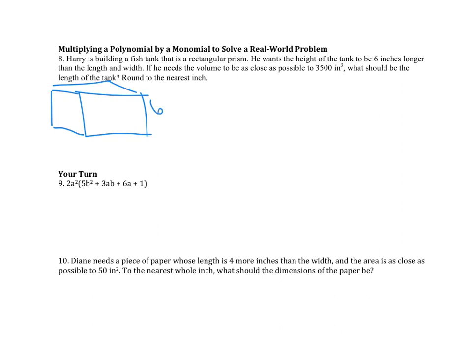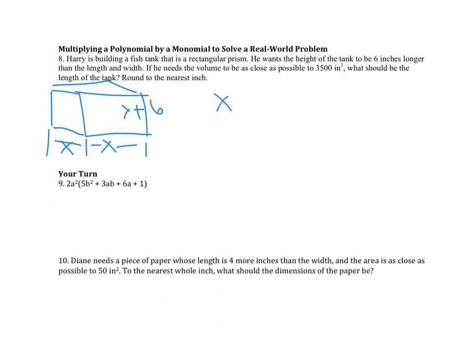This height is 6 more than that distance and that distance. If we don't know what this distance is, we'll call it x. Since they're the same, and this is 6 more than both of them, this then has to be x plus 6.